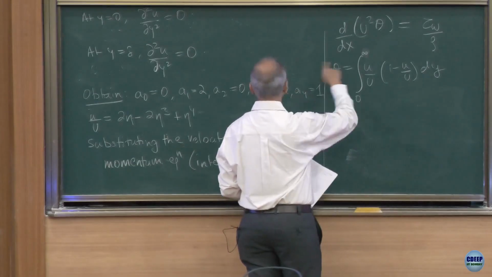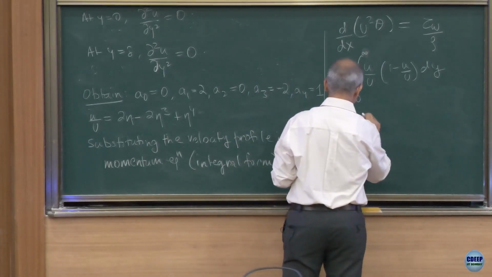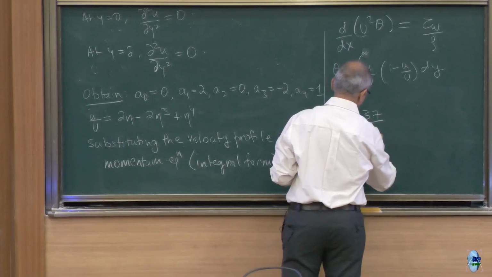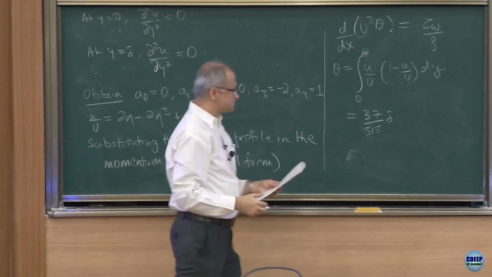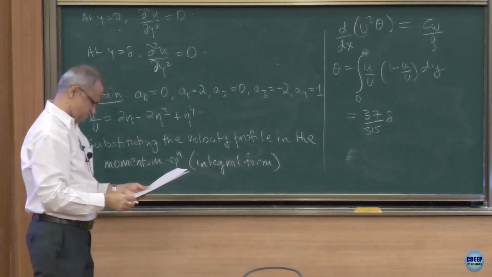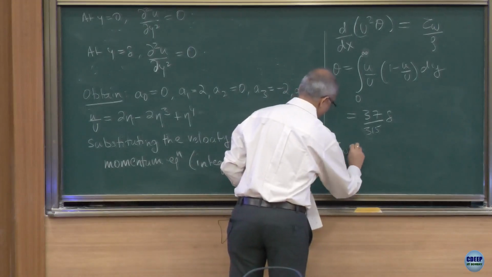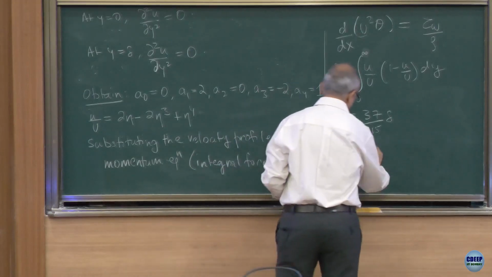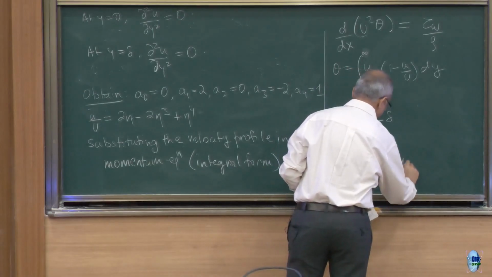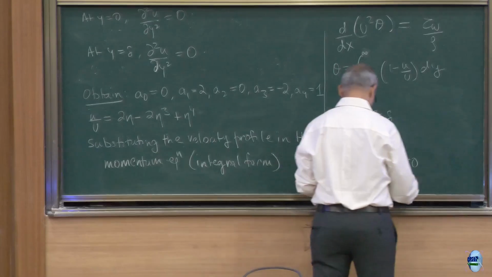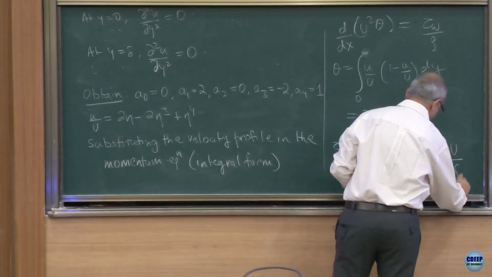Once you have u by U, you just have to integrate this, and you can find it out as 37 by 315 times delta. You can find out tau w as mu times du dy at y is equal to 0, and get it as 2 mu capital U upon delta.